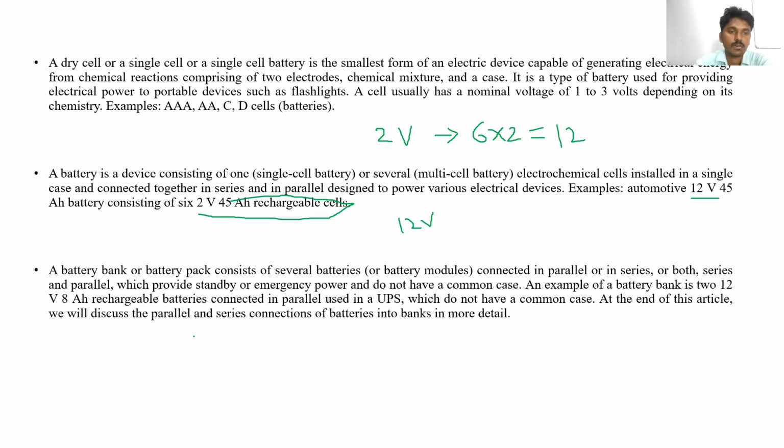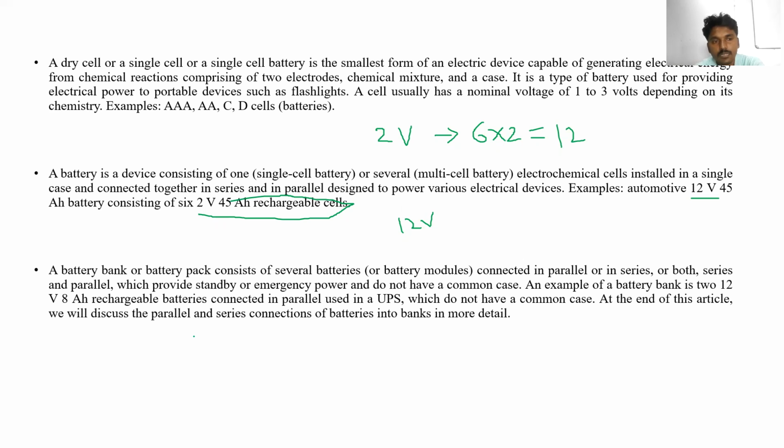A battery bank or battery pack consists of several batteries or battery modules connected in parallel or series, or both series and parallel, which provide standby and emergency power. We have seen the definition of cell and also of battery. So what is a battery bank here?